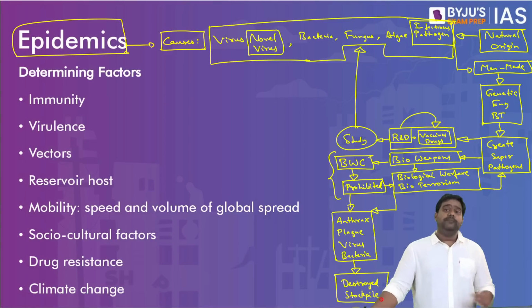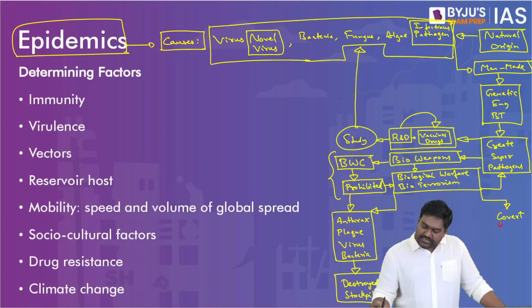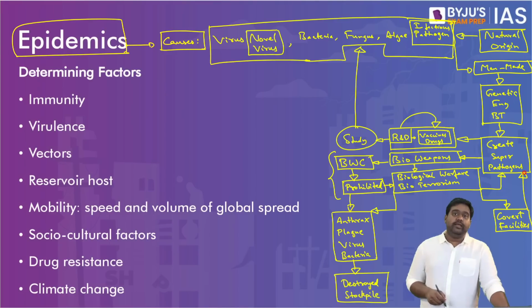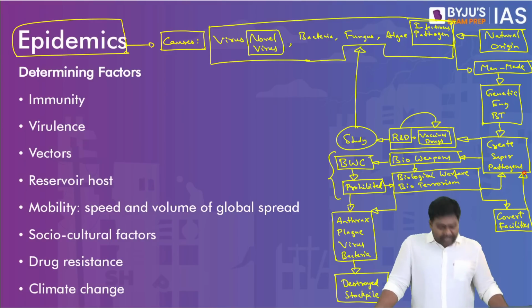But however, there is always a risk of covert facilities still possessing and developing and stockpiling bioagents, right? Through covert methods, some countries might still be retaining bioagents. That concern is always there.